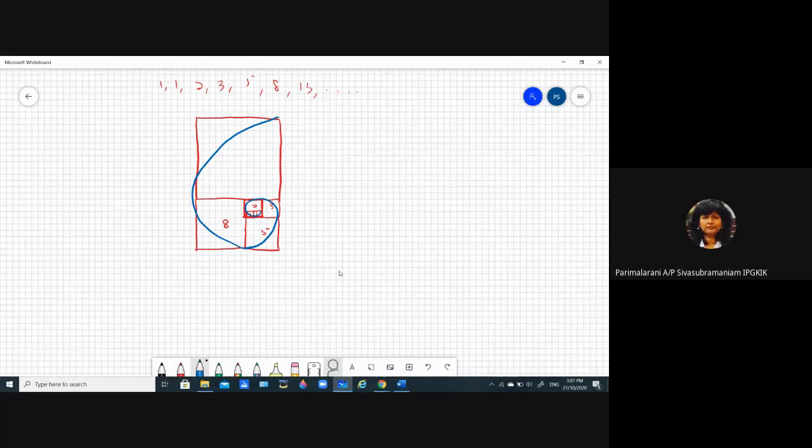So where will our next dimension be? What's our next dimension after 13? How much is this whole thing? 13 plus 3 plus 5 is 21. So our next square will be 21. I didn't measure, so it will be 21. And then our spiral will continue like that.